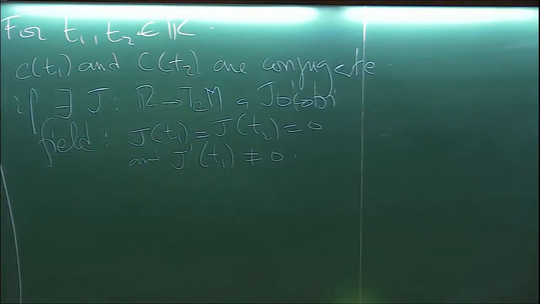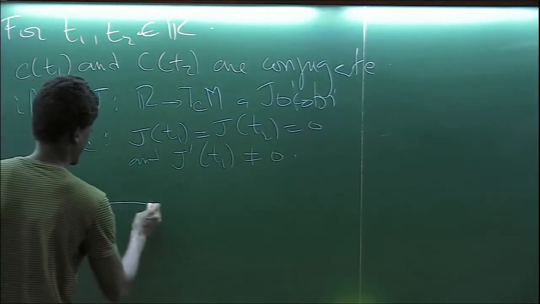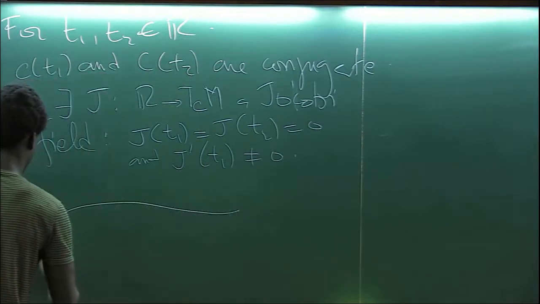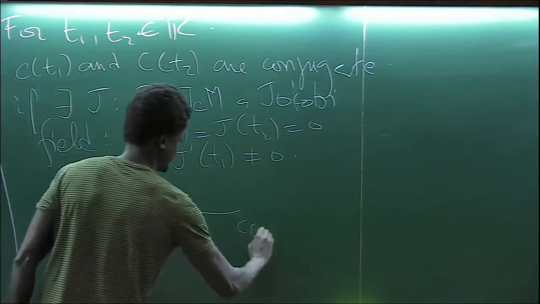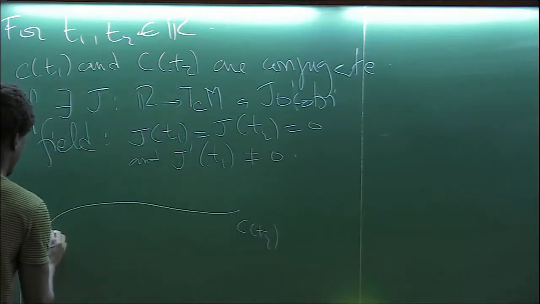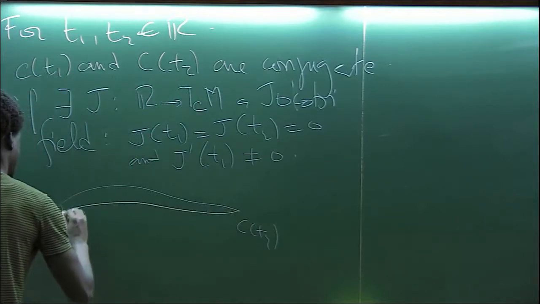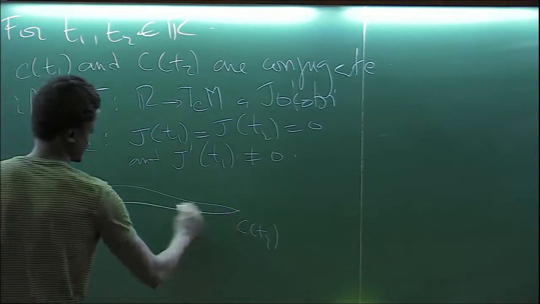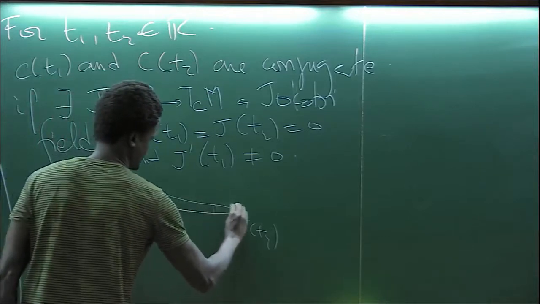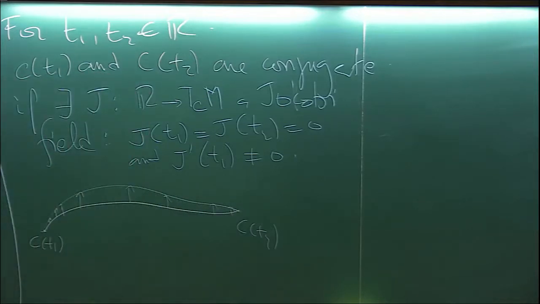So you have a non-vanishing Jacobi field, not a constant one. Let's say this is your geodesic c, this is c(t1), this is c(t2). The picture you would have is a Jacobi field along this geodesic that starts at 0 here and is 0 here again. So this is the definition of two points being conjugate. And we say that M doesn't have conjugate points if there are no geodesics which have conjugate points.